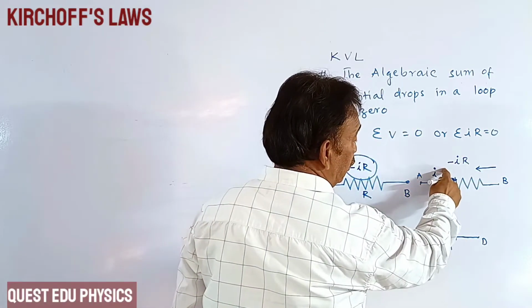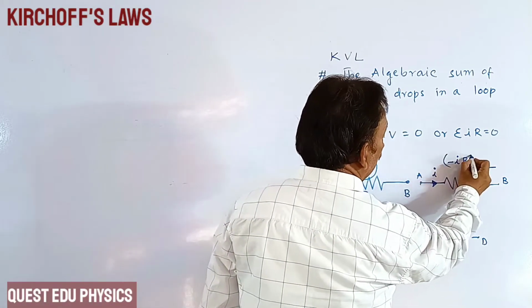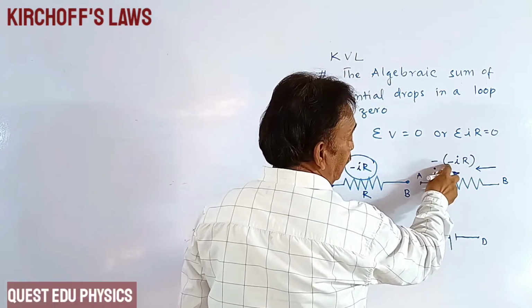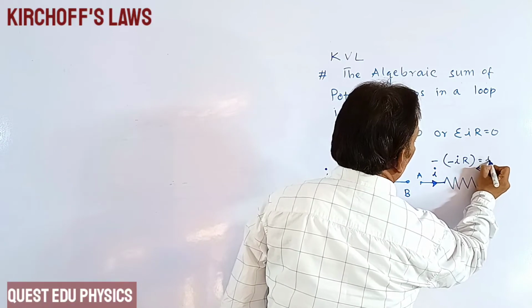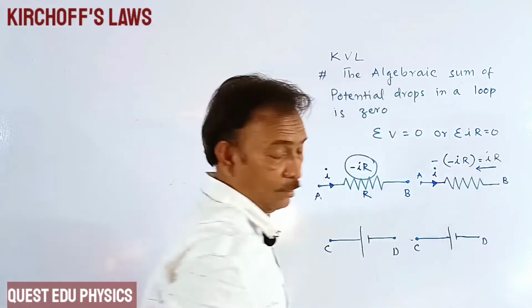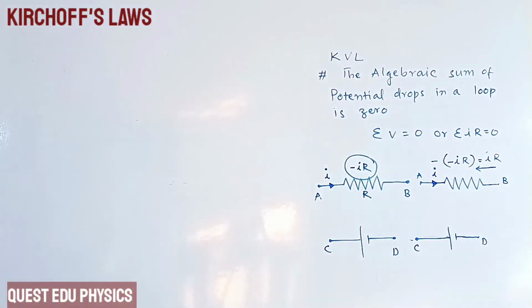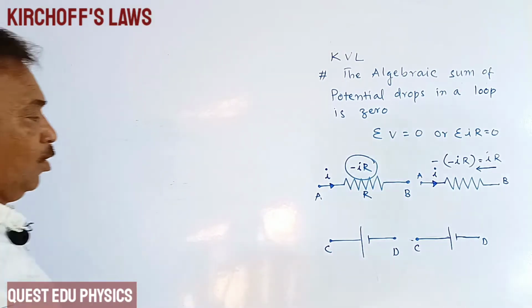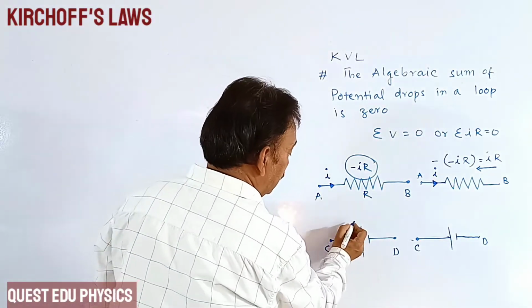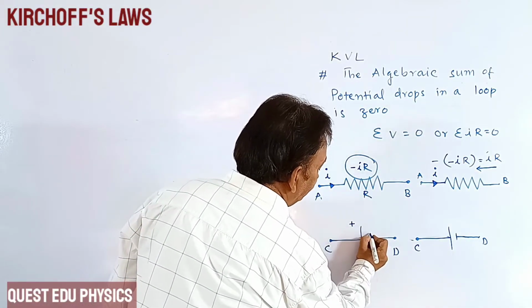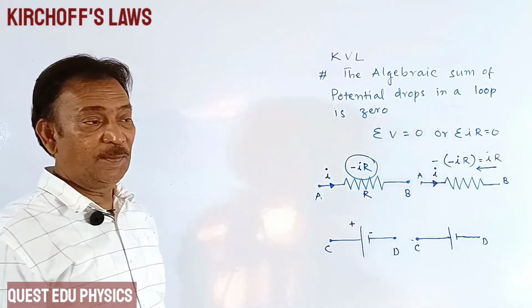But here we are traveling opposite to the direction of the current. It is minus of minus, plus. If you go through a cell here, it is the positive terminal and it is the negative terminal.